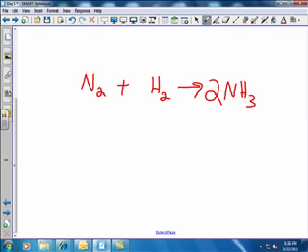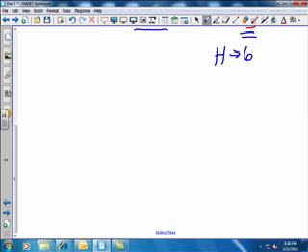And now as I look at my hydrogens, I now have how many hydrogens over here? And the answer is 6. So I need 6 over here. The way I can get 6 over there is by putting a 3 in front of that. And then that would be balanced.